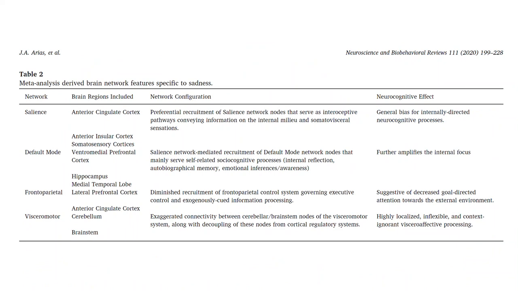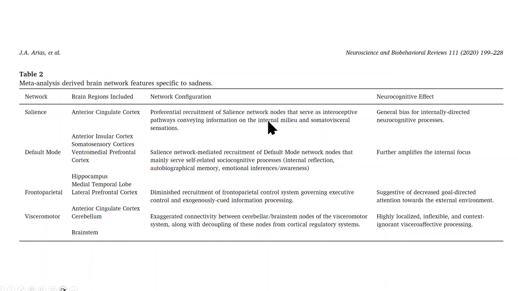So Arias and colleagues talked about how these different networks are involved in sadness. The salience network is going to recruit those networks that give you that physical bad feeling of sadness. Your stomach sinking, you're bursting into tears. And it's going to then say, when our bodies feel bad, we're going to have a bias for internally directed neurocognitive processes.